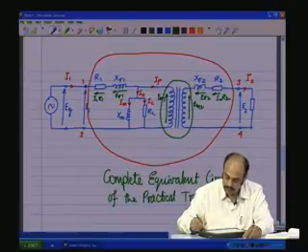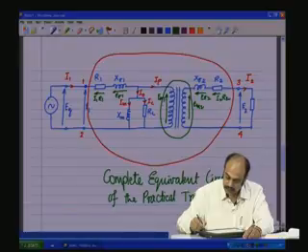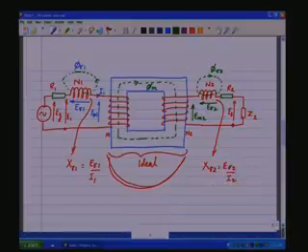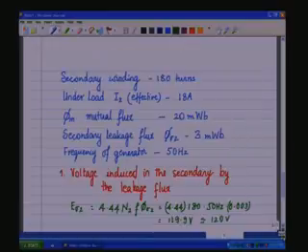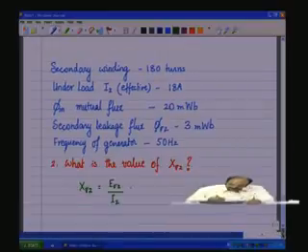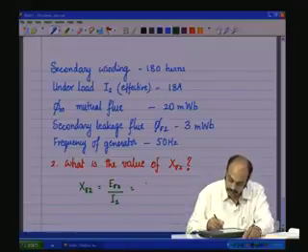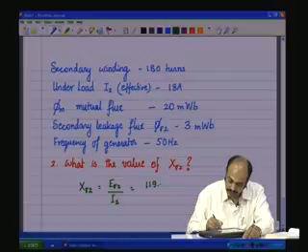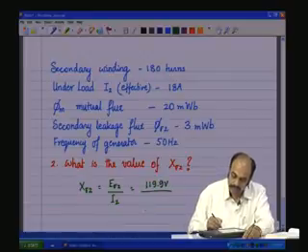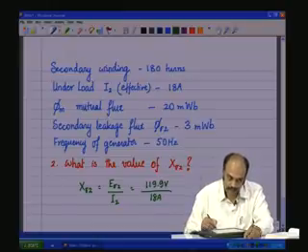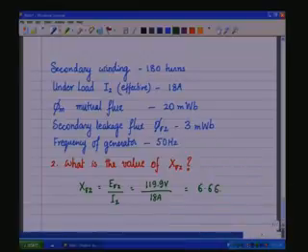If you go back, you see that the secondary leakage reactance X sigma 2 is E sigma 2 by I2. Now, we obtained E sigma 2 to be around 119.9 volts divided by what is given, around 18 amps, which is flowing through the secondary, and this is around 6.66 ohms.